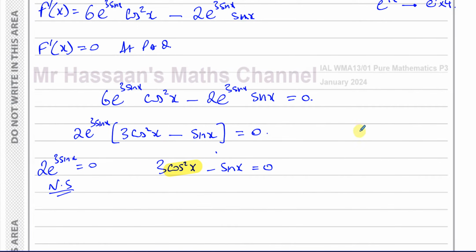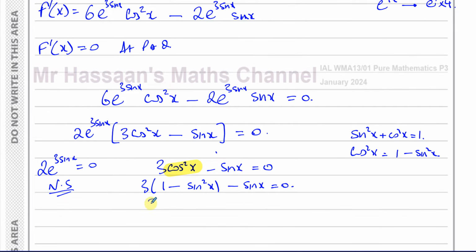We can do that because of our identity: sine squared x plus cosine squared x equals 1. So cosine squared x equals 1 minus sine squared x. So this is 3 times 1 minus sine squared x minus sine x equals 0. So you have 3 minus 3 sine squared x minus sine x equals 0.